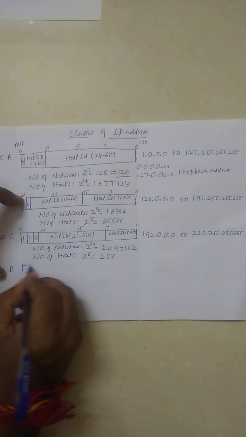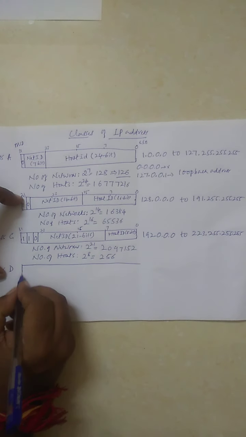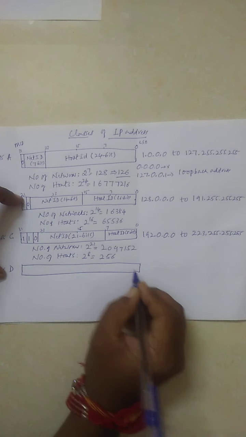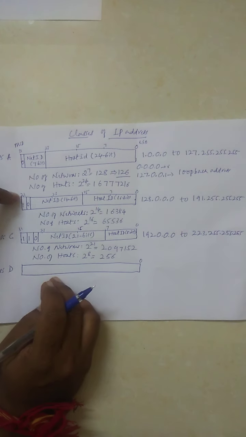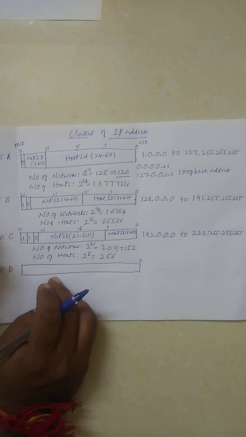This Class D IP address does not have any host ID and net ID, because this Class D IP address we are using for multicasting. We have studied unicasting, multicasting and broadcasting. If you want to send the same packet to selected multiple receiving systems, then I can use this multicast addressing.